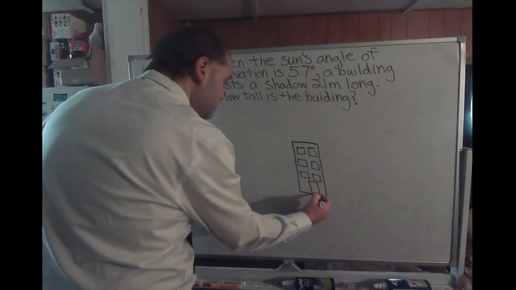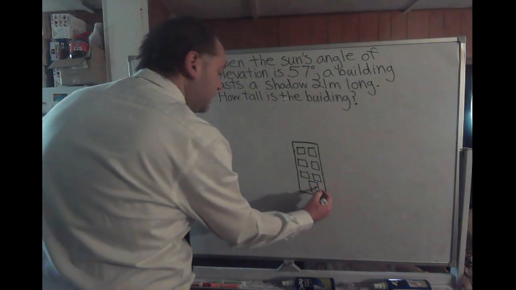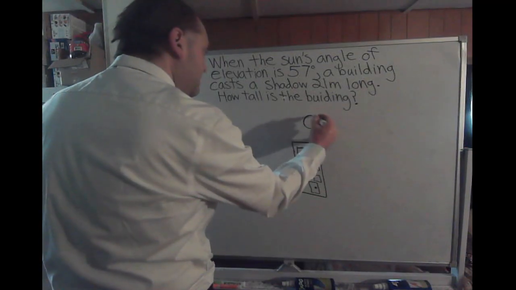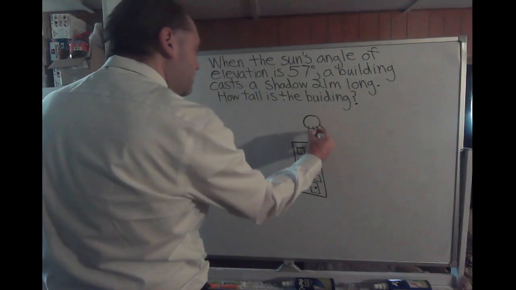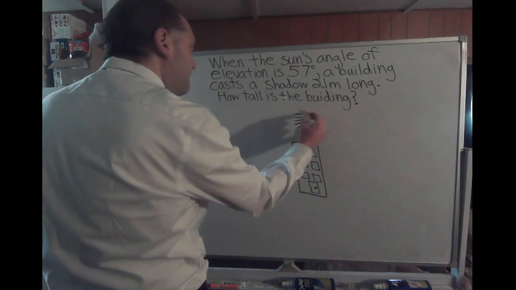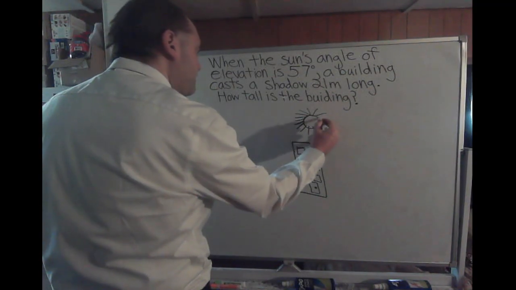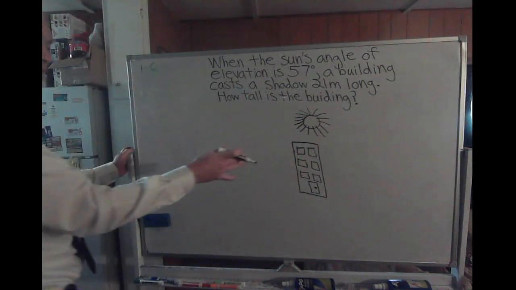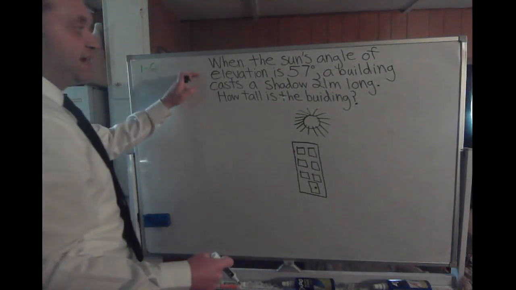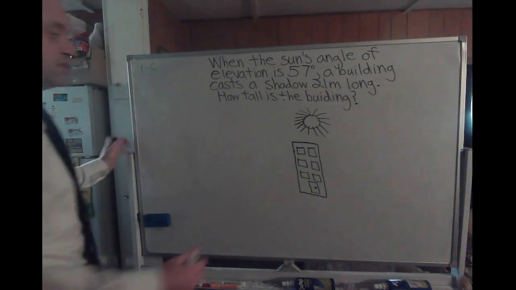Let's draw a nice door on that building. Okay. And then we'll say up here, sure, I have the sun, right? I had the sun right over the building. So it says the sun's angle of elevation is 57 degrees.